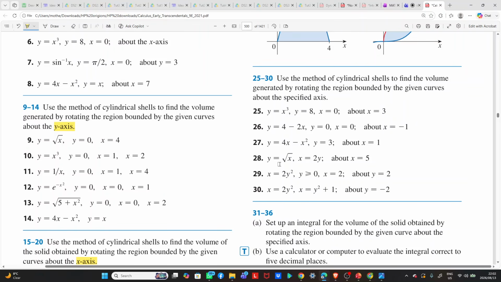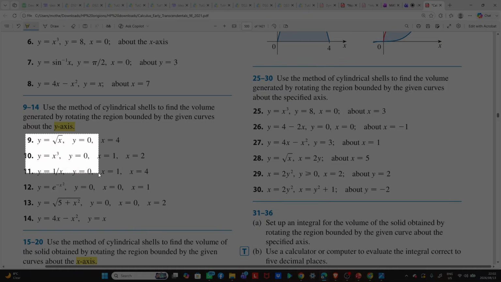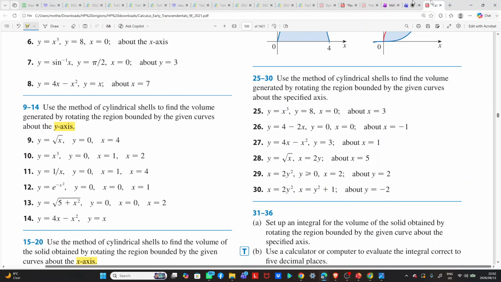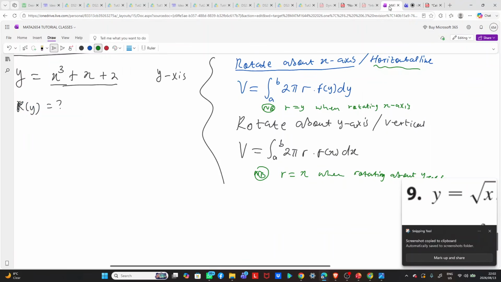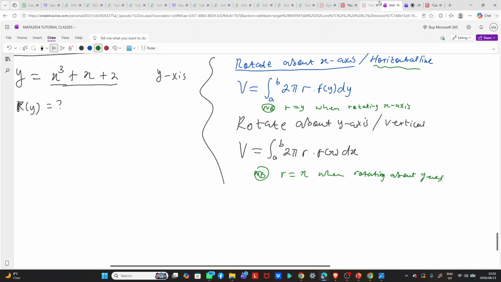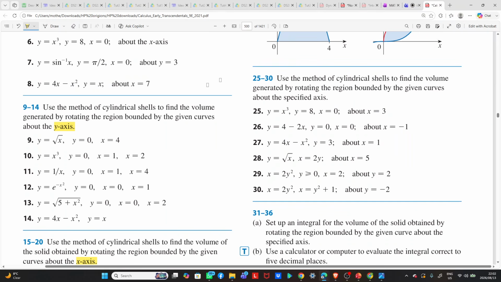All right, so let's do that. In fact, let me do this one. Let me do 14.